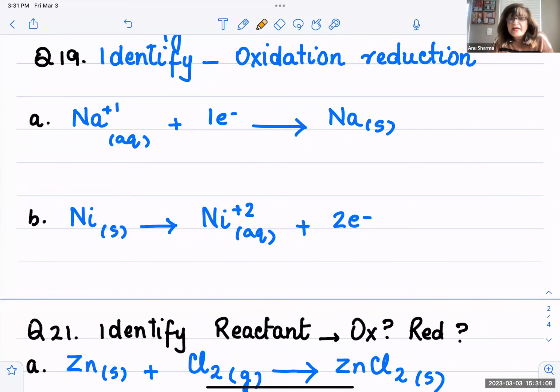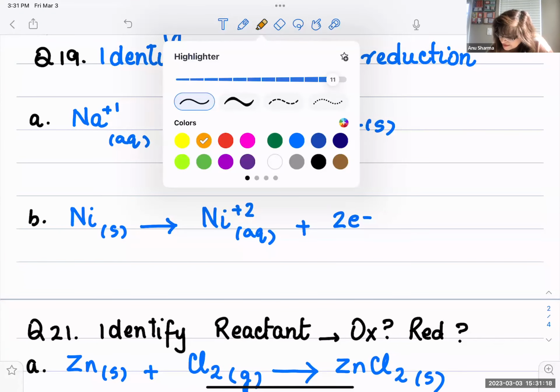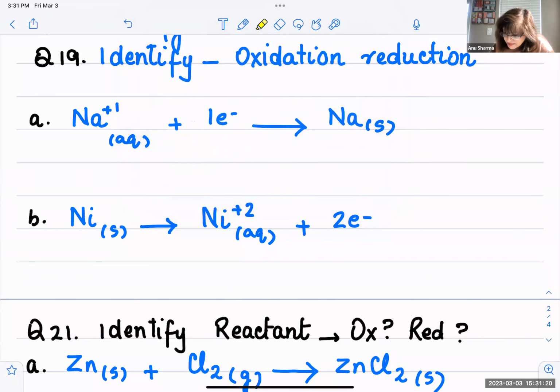So here they are saying identify which of these reactions is an oxidation reaction and which one is a reduction reaction. Based on what we talked about just now, we look at sodium moving from plus to a 0 state, positive to a 0, moving back, it's adding an electron, gain of electron.